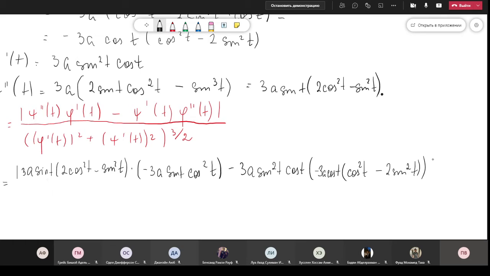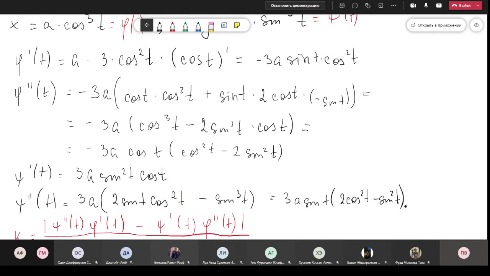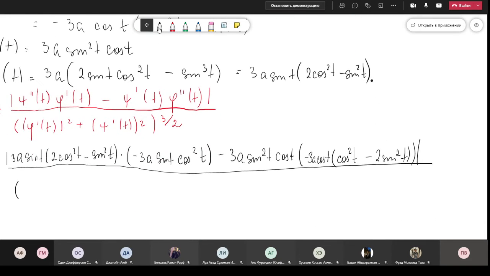Close our bracket, and all this divided by phi prime of t, which is minus 3a sine times cosine squared, squared, plus psi prime squared.